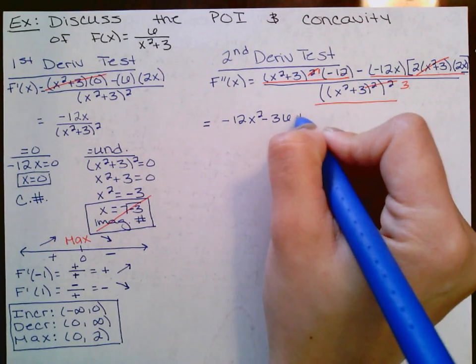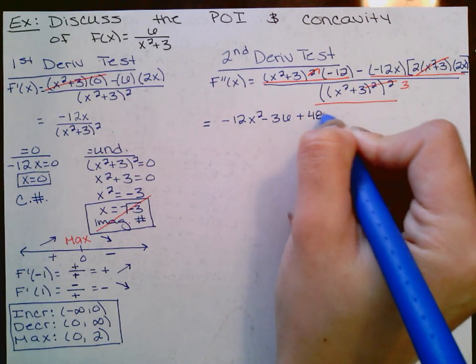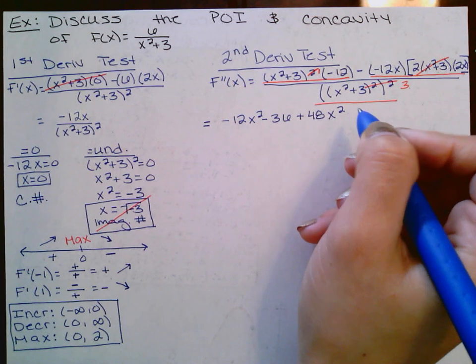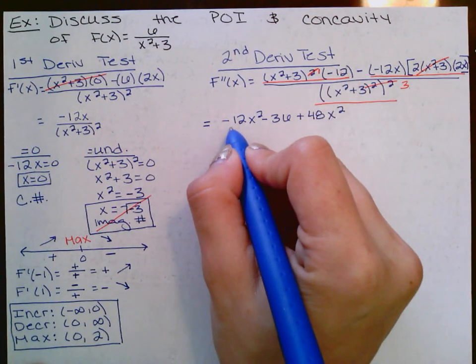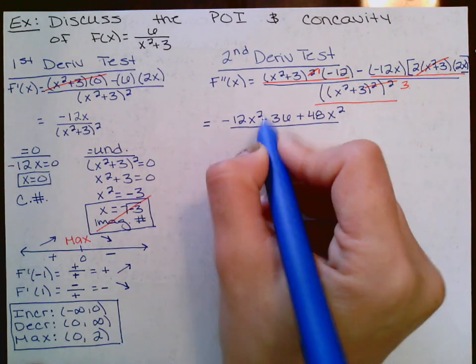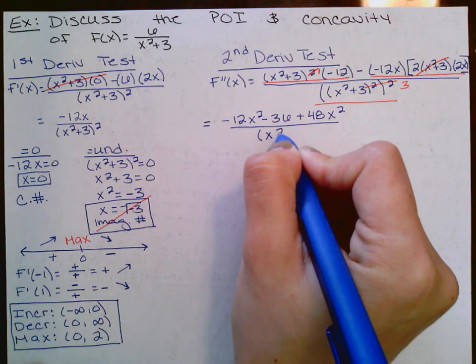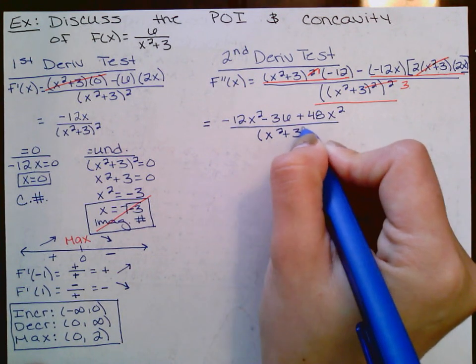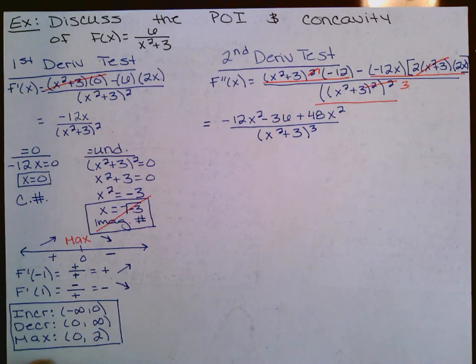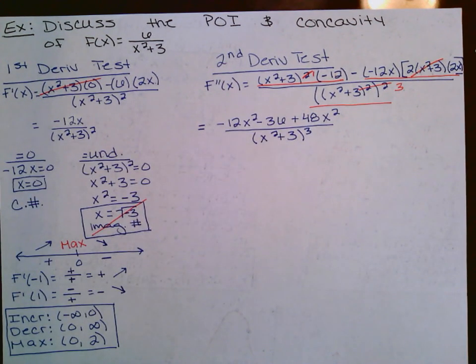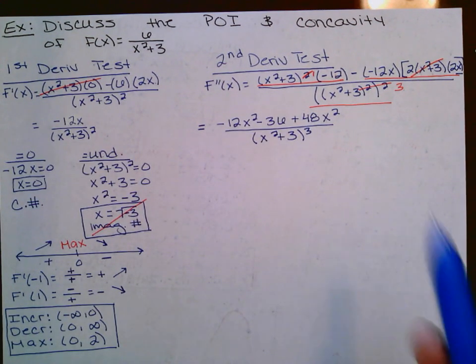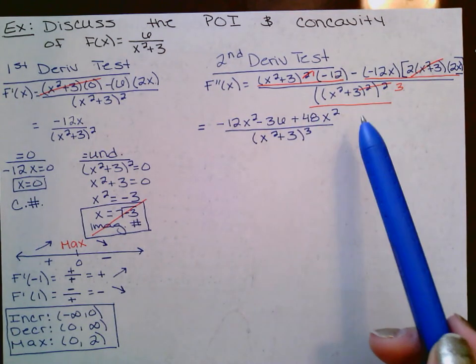So plus 48x squared, and this goes all over x squared plus 3 to the 3rd. All right, I know this seems crazy, but hopefully it just got a lot easier. Again, I caught that there was an x squared plus 3 in all three.